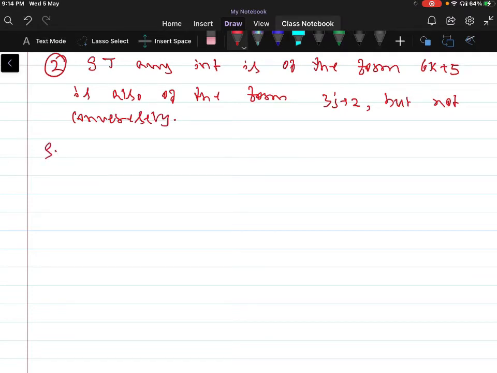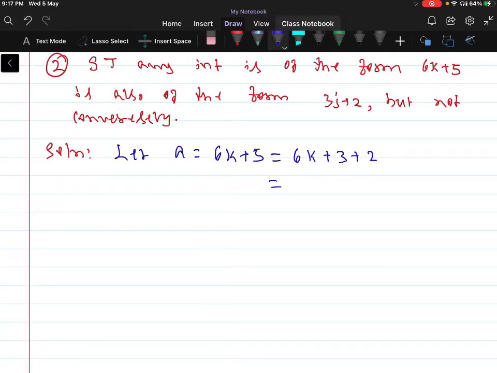Let us move to solution. Let a is equal to 6k plus 5. This is equal to 3 times of 2k plus 1 plus 2.